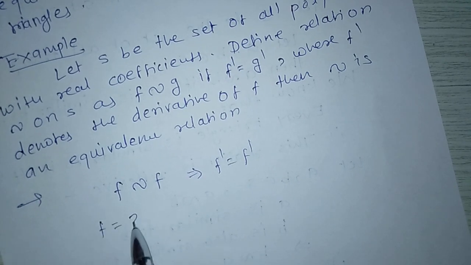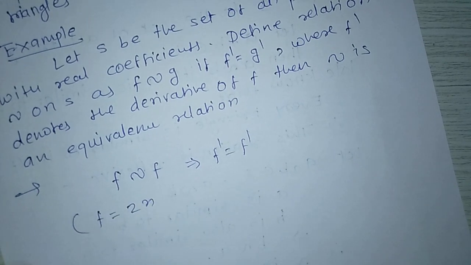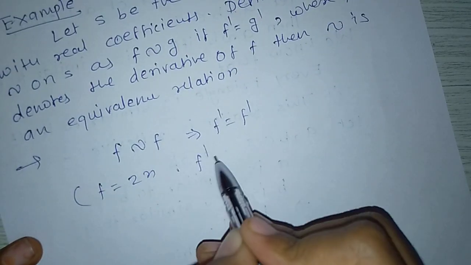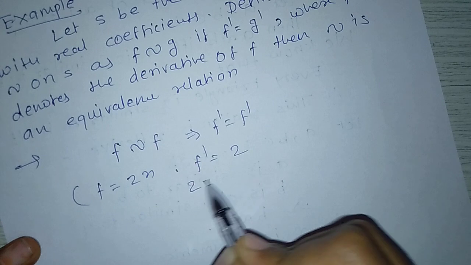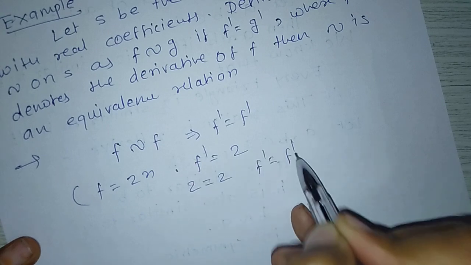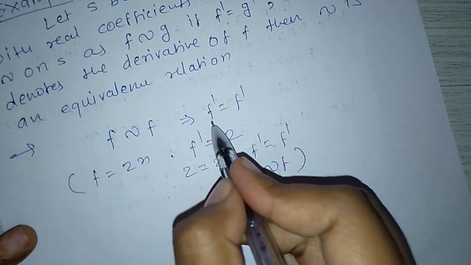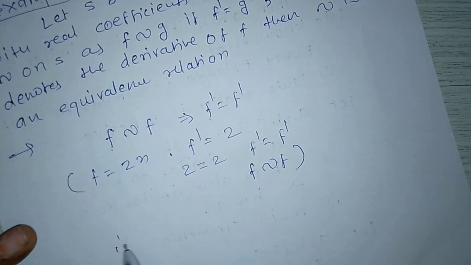Suppose f equals 2x. For explanation, f equals 2x, f dash equals 2. 2 equals 2 means f dash equals f dash, which means f relates to f. So tilde is reflexive.